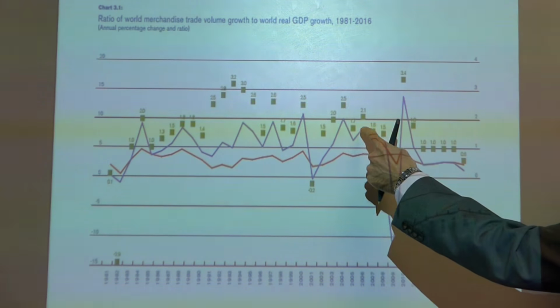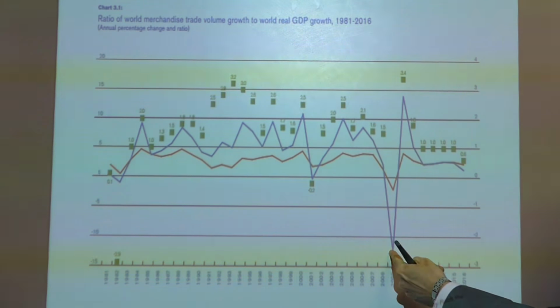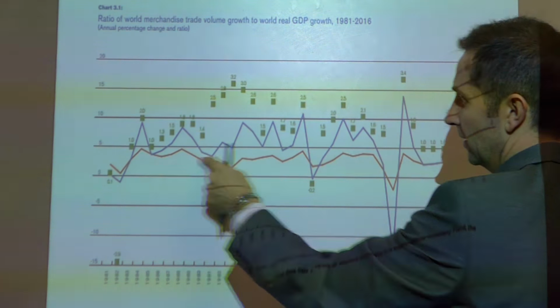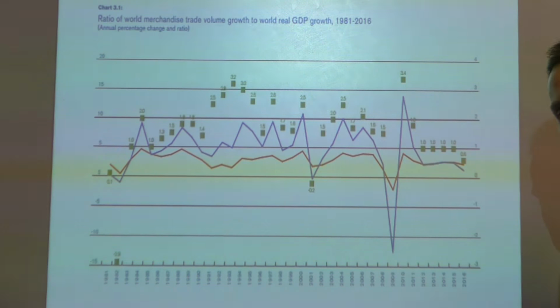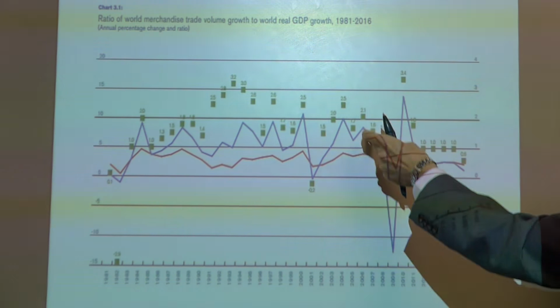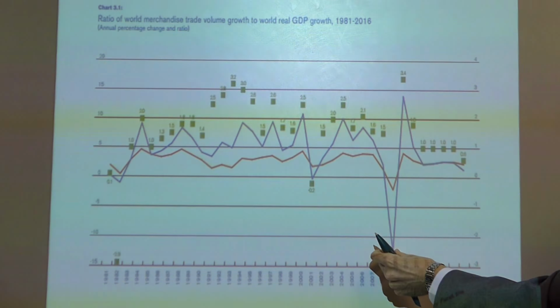And we can see here the very significant depression as a consequence of the Great Recession. And this blue line here is the percentage change in world trade volume growth over that particular time period. Now, obviously, as you would expect in the Great Recession, it contracted significantly, almost down, so you're talking 13-14% contraction.